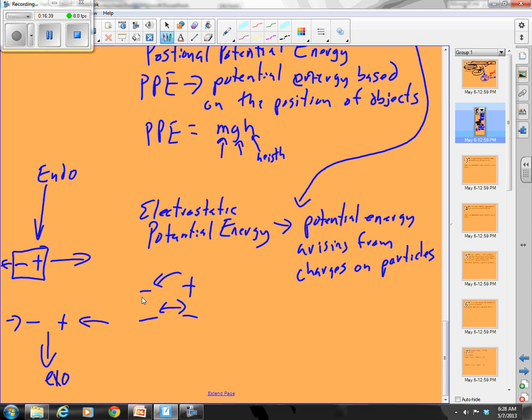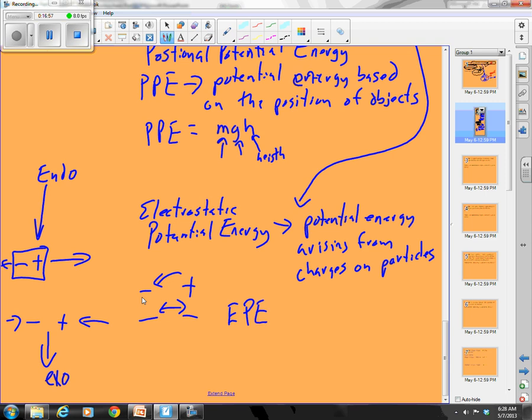Got it? And what is my equation? This is a very important equation. Really, the force is more important, but this comes out of Coulomb's law, and you will use it a whole bunch later in life.